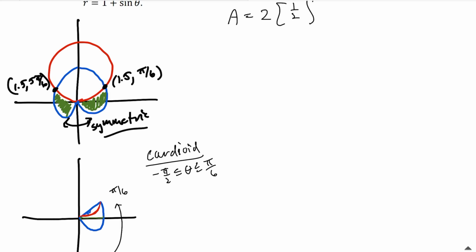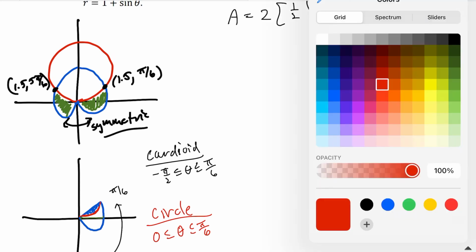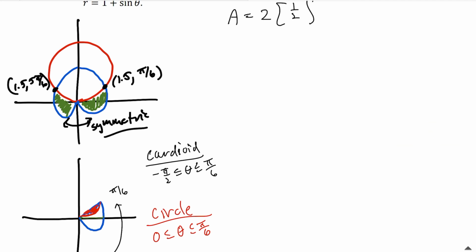So that means I need to remove that small little chunk of the circle, but that small little chunk of the circle is still from 0 to pi over 6. So in order to get that region that is cardioid only, I need to take the cardioid region that sweeps, minus that little overlap region that is going to be the circle. So this little overlap region down here.